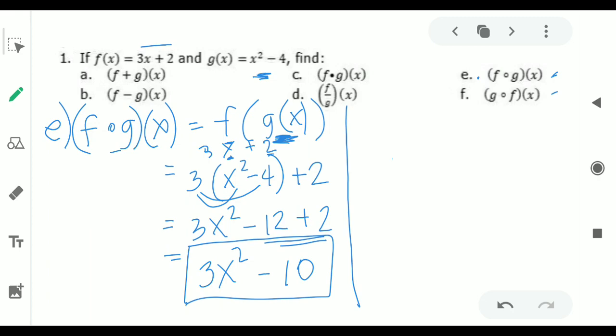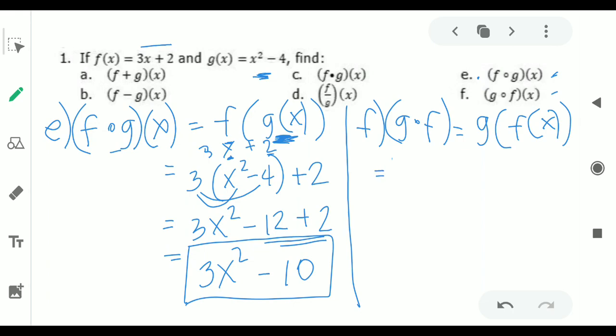Next one, we have letter F, that is g circle f of x, or that's g composed of f of x. This time, we are going to substitute x in g of x by f of x.